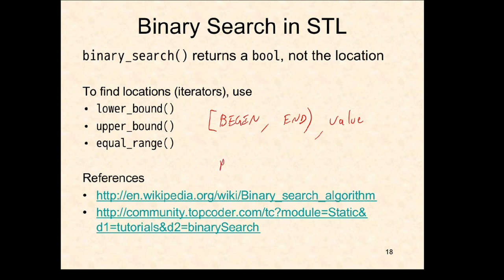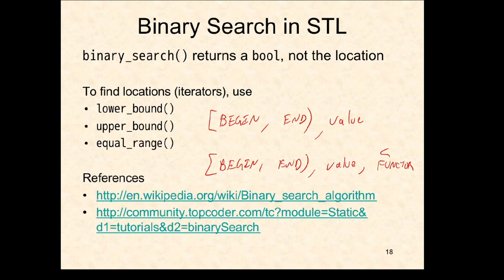One accepts begin, end, and a value. Another accepts begin, end, a value, and a less than functor. The second version uses that less than functor. Instead of doing less than on the values, it uses the functor you give it to determine where the value is or should be. Now, this is really important for Project 2, Part B, sorted PQ.